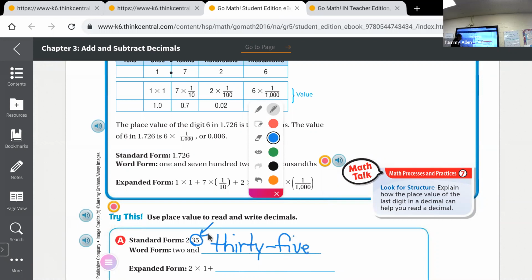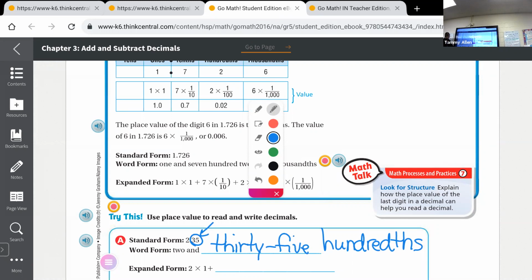But now we name the last place value. Where did that 5 land? Hundredths. Okay? Does that make sense? So we say it, and then we name the last place value.